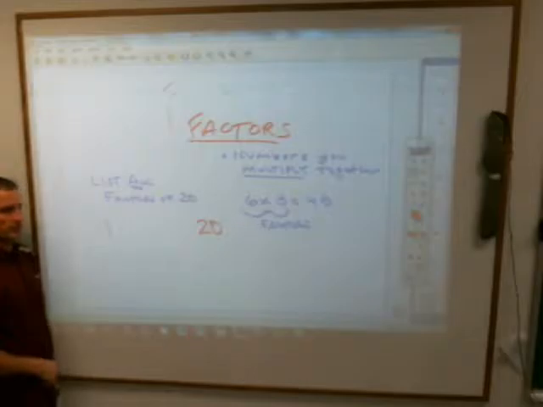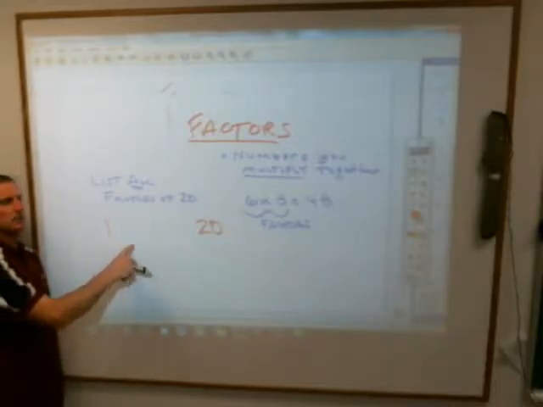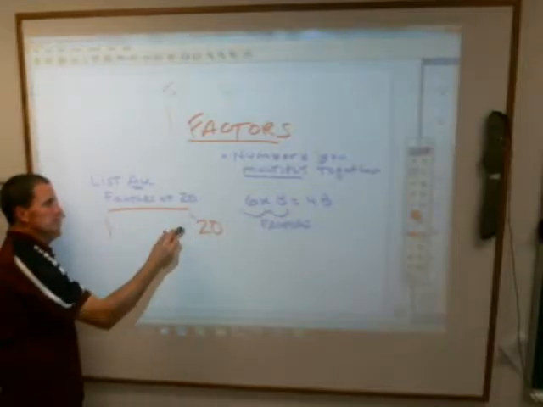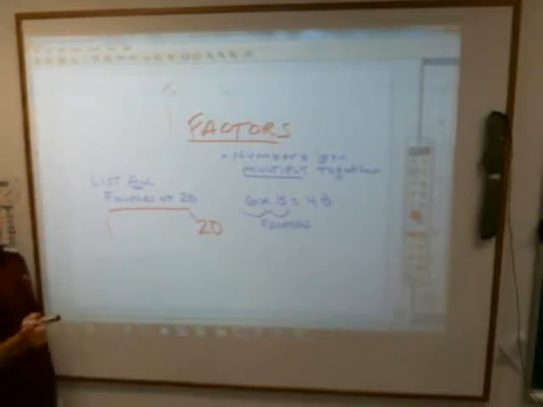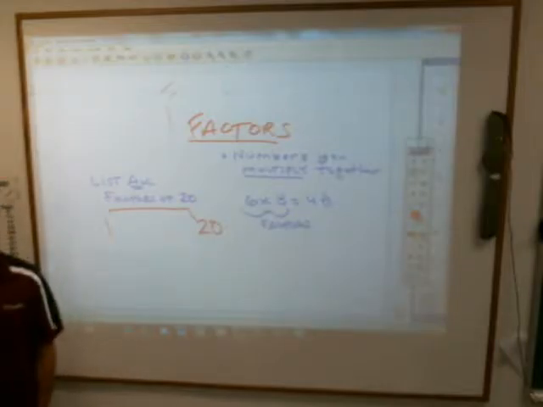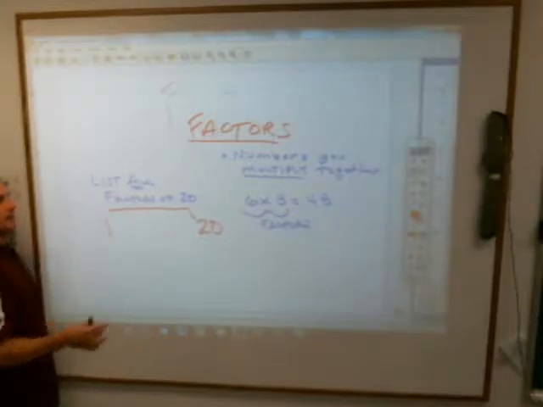Well, children, when I read the answers from the book, I will read them from smallest to biggest, because that's the way the book gives them. 1 is going to be the smallest factor, 20 is going to be the biggest factor, and there are probably going to be factors in the middle here. So I need for you to also write them from smallest to greatest, because I don't want to have to read each problem 15 times, because you said, well, I didn't get it in that order. So you want to start with that.